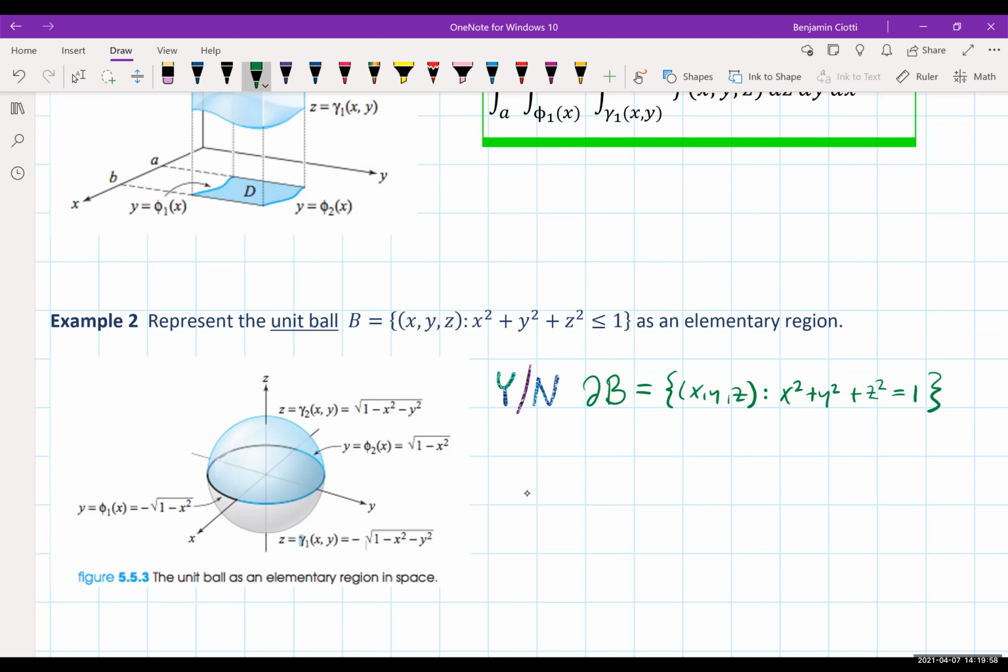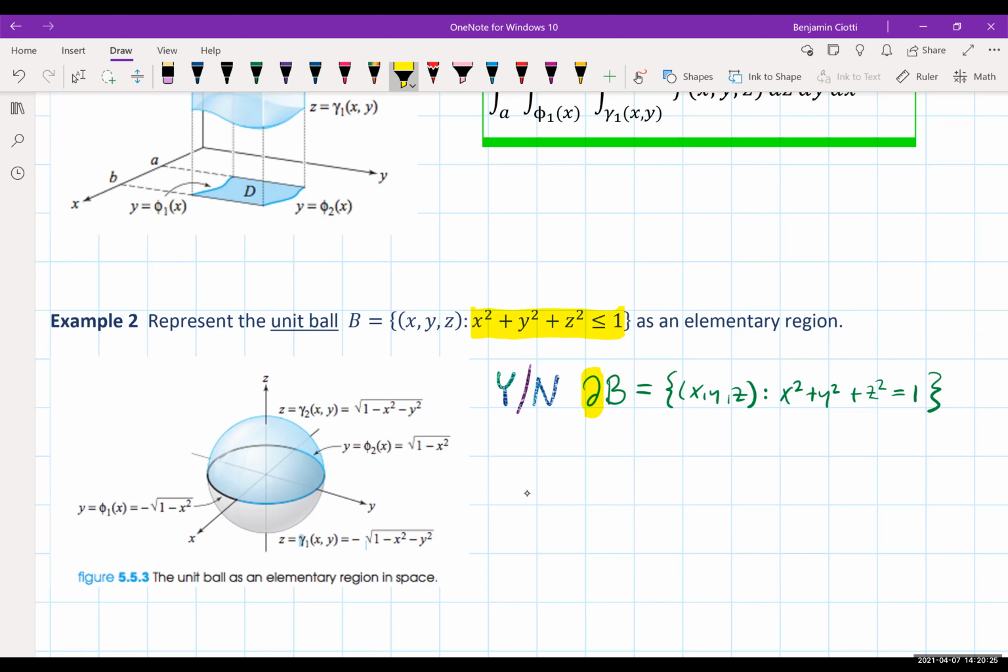The first thing, if you're trying to answer this yes or no question, is what the heck does this mean? That's the boundary of a region. This little curly partial, it's the same as the partial derivative symbol, it means the boundary of the region. So the unit ball is solid, right?